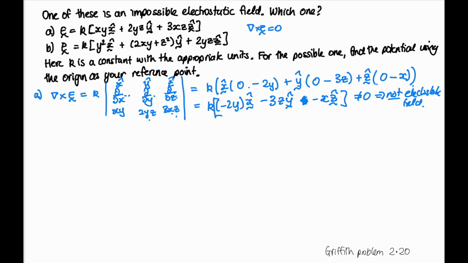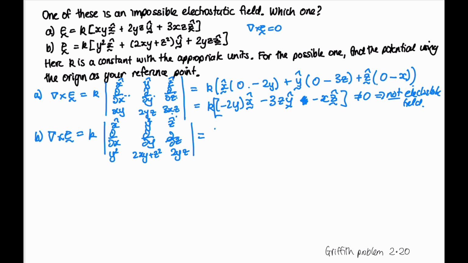Now, we should check B as well, make sure that the curl of the electric field given in B is 0. So we'll go about this the same way. We've got x, y, and z, and we've got d/dx, d/dy, d/dz, and then we've got y squared, we've got 2xy plus z squared, and then we've got 2yz.